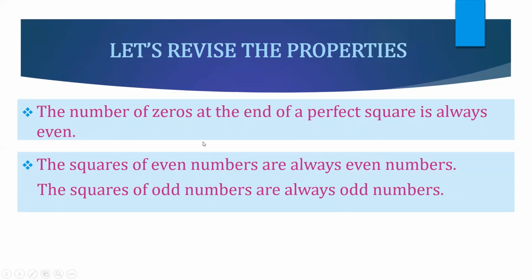Then the squares of even numbers are always even numbers, and the squares of odd numbers are always odd numbers. So this is all about the concept of squares and perfect square numbers and the properties of perfect square numbers.